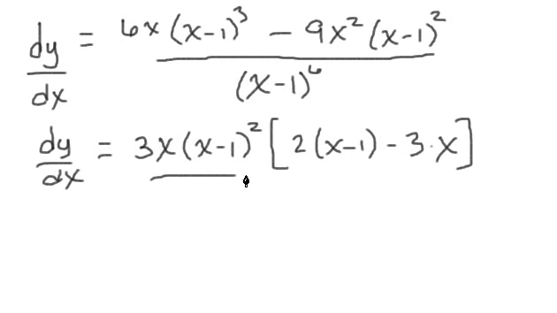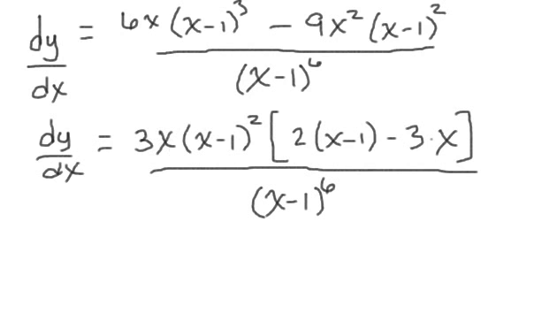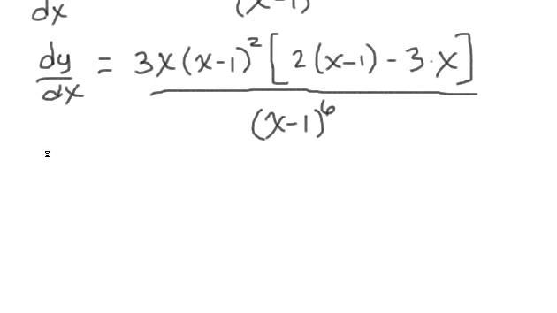And of course remember this was all over (x minus 1) raised to the 6th power. This is a big part of calculus, and that is algebra. Unfortunately, that's just the way things are.